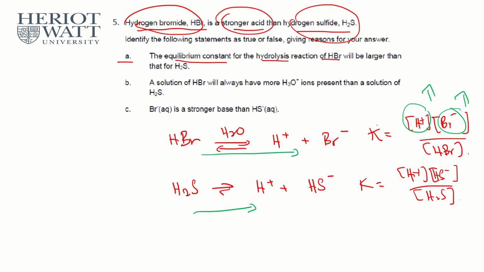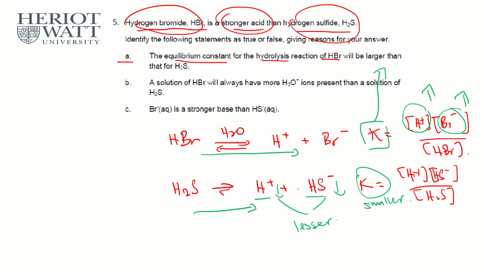And that's why the equilibrium constant will be larger compared to this. Less dissociation, concentration of these two will be lesser, not decrease, guys. It becomes lesser because of less dissociation due to a weaker acid. So therefore the K value will be smaller in this case as compared with the K value for HBr.